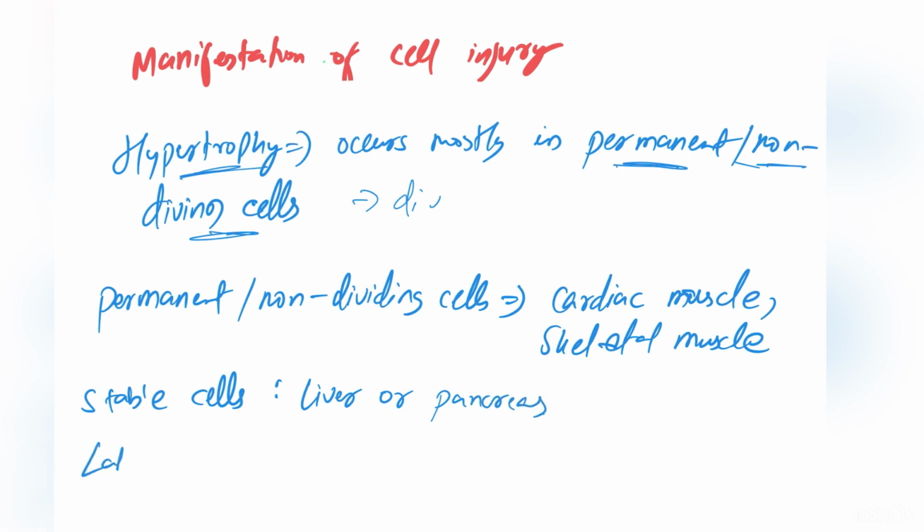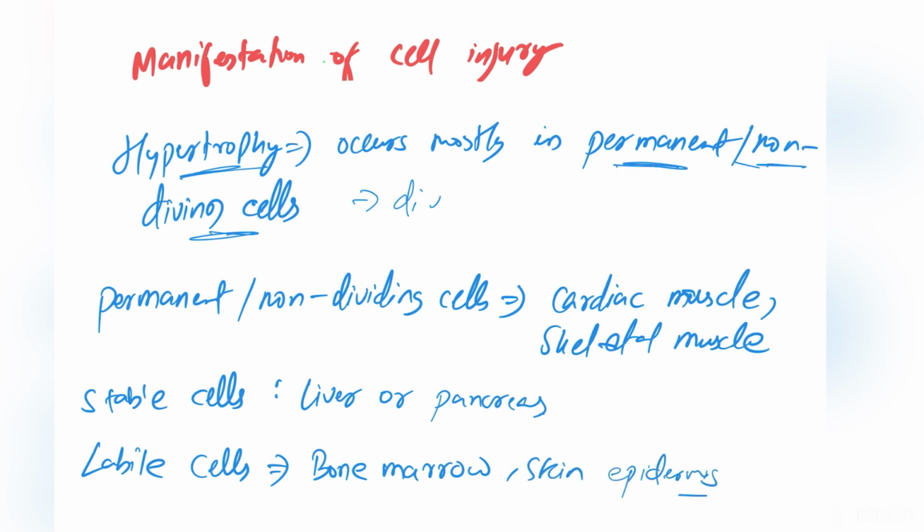And there are labile cells which divide very rapidly. What are the examples? Bone marrow, which divides very rapidly, and skin epidermis. So these are the types of cells based on division ability. Hypertrophy mostly occurs in permanent or non-dividing cells, meaning cardiac muscles and skeletal muscles.